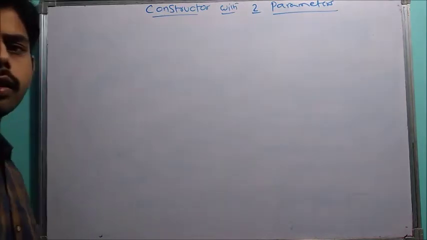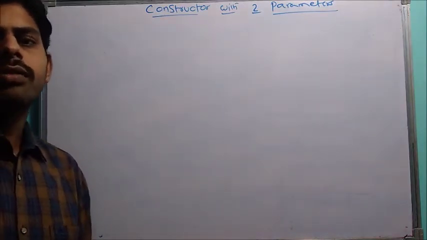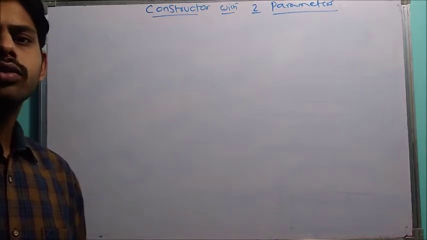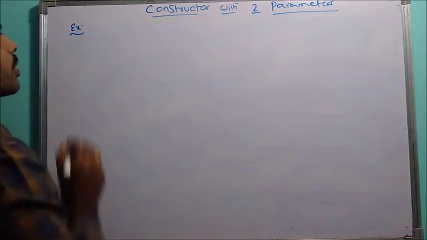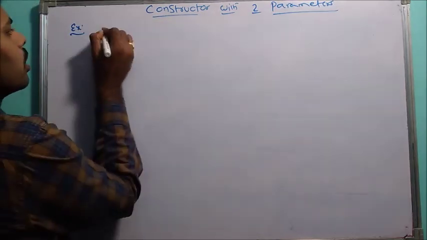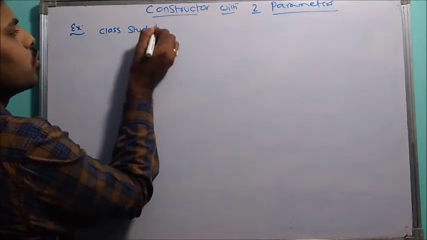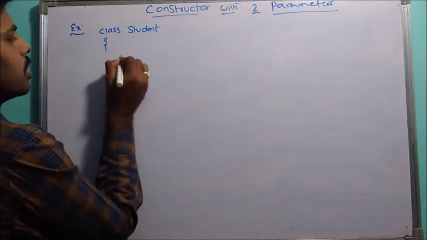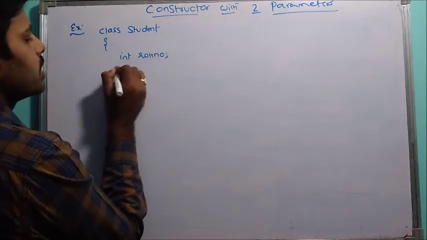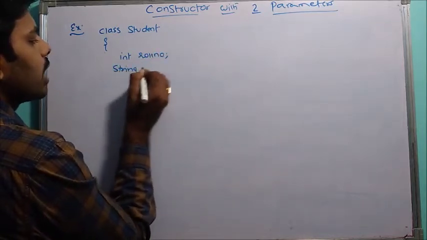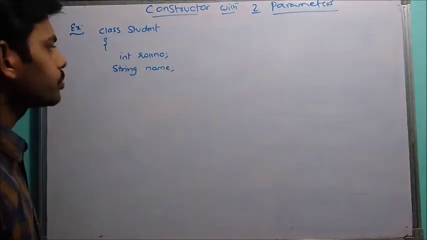In the previous constructor with one parameter, I was passing only one parameter. Now I am passing two parameters. Example, class student. Student is the class name. So I am declaring two variables, that is roll number of type integer and name of type string.